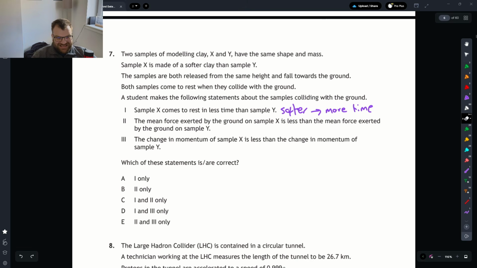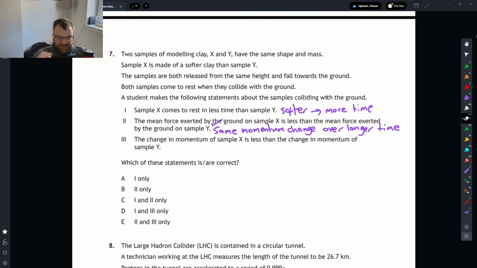Whether it's elastic or inelastic collisions, the change in momentum will be the same. It's the change in kinetic energy that's different. So in an elastic one, there is no change in kinetic energy, whereas in inelastic there is. But that doesn't matter for this question. It takes a longer time for it to settle, meaning that the same momentum change but over a longer period of time means it would be less of an average force.